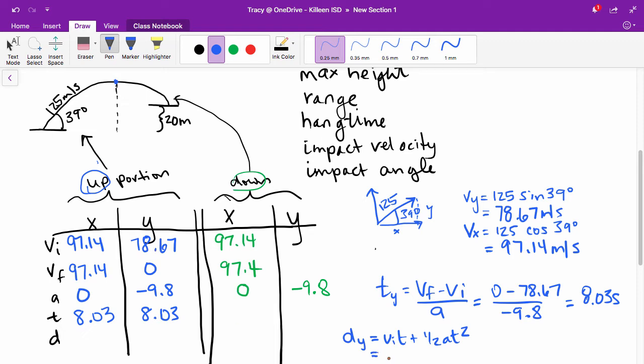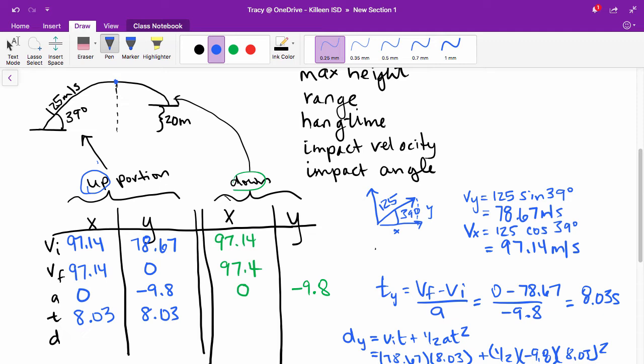And so it's going to be 78.67 times my time of 8.03 plus 1/2 times negative 9.8, which is negative 4.9, times 8.03 squared, which when you solve all that through gives you 315.76 meters. And that is in the y direction.